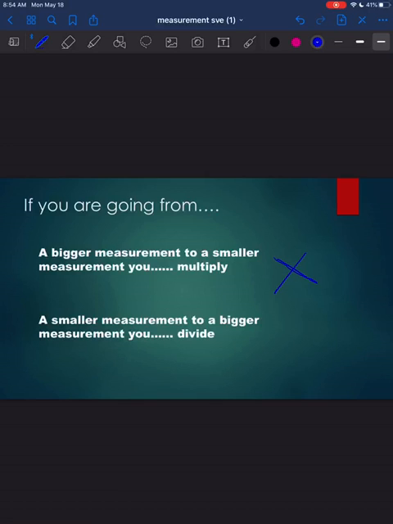But if you're going from a smaller unit of measurement, like cups, into a bigger unit like gallons, then you're going to divide, because it takes more smaller units to make a larger unit.